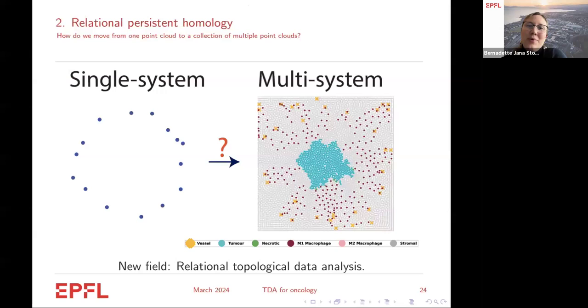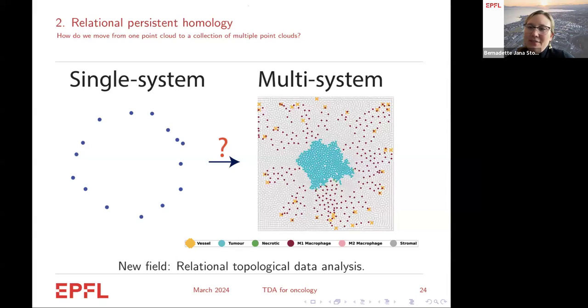Okay, so we know clearly how to deal with point clouds when we have points all of the same type, and we're interested in their shape. But what happens if we have a point cloud where the points are of different types? So for example, different cell types. And we don't just want to run Vietoris-Rips on the individual cell types, but we really want a method to encode relationships between these different cell types.